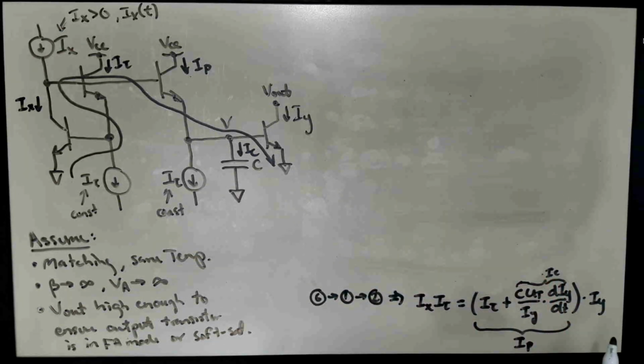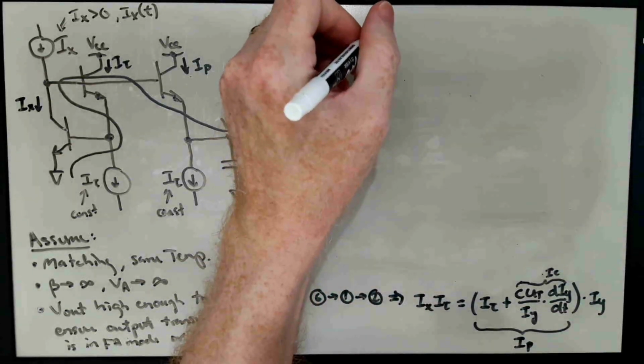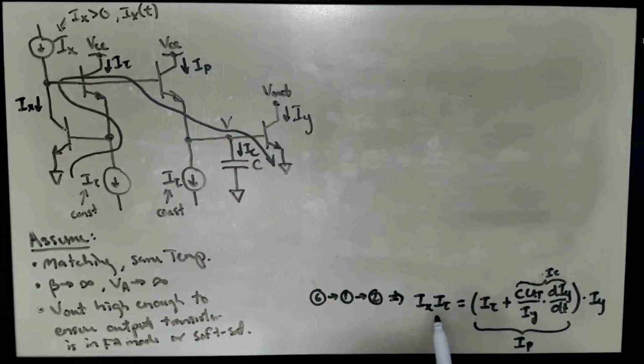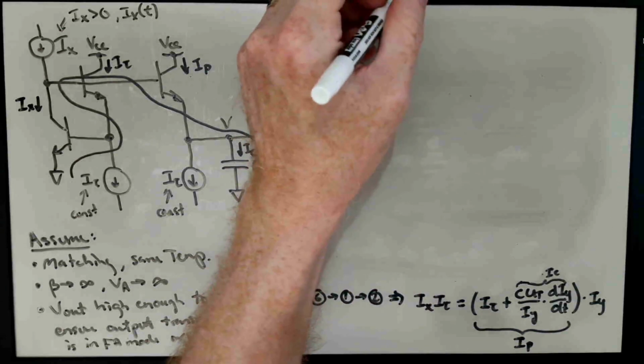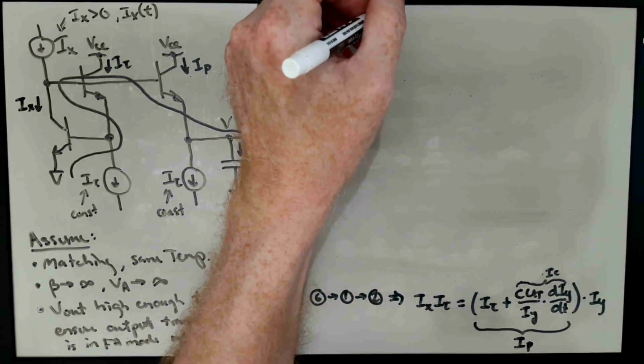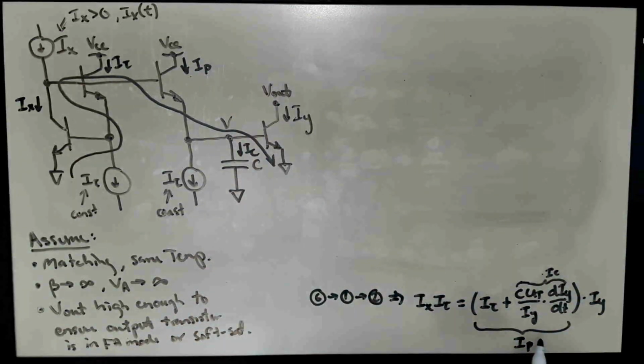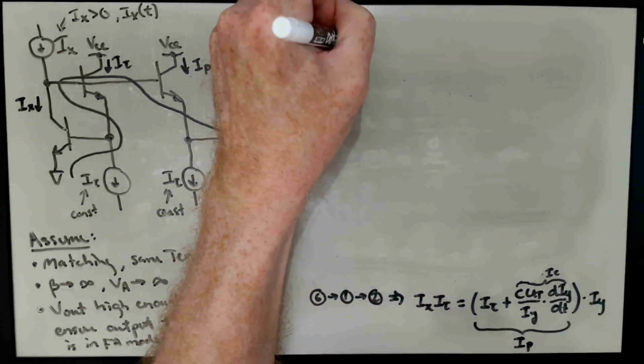So the first thing we're going to do is, on the right-hand side, we're going to multiply everything through by Iy. Actually, we're going to flip this around so that we exchange the left and right-hand sides of the equation. And then we're going to take what now is going to be the left-hand side of the equation and distribute the Iy through here.